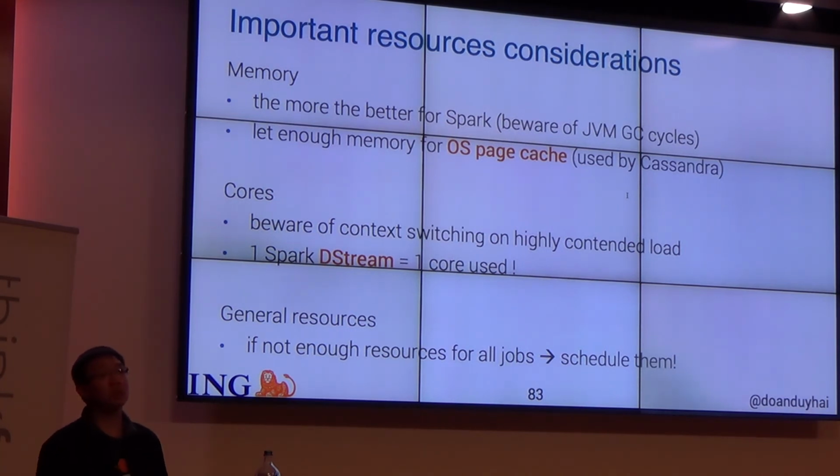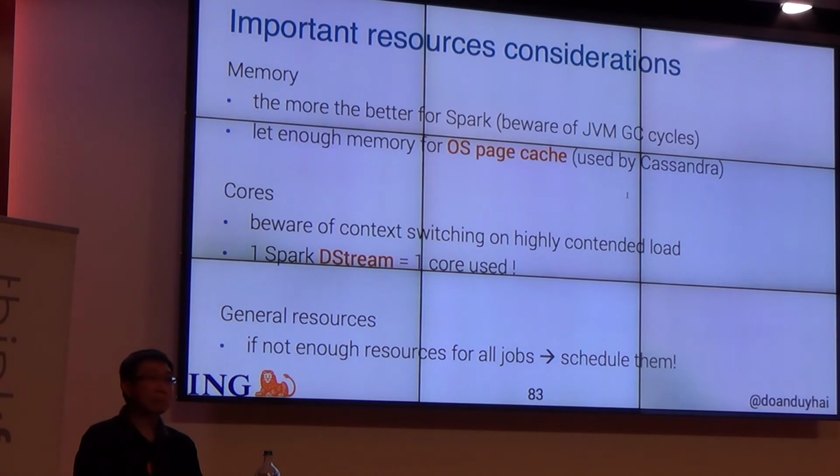Yes? What about Project Tachyon that stores RDDs off heap? So the research center that developed Spark is also working on an off-heap data storage solution. They're using it for the caching of RDDs off-heap, instead of on the heap. But still, it will use your memory.